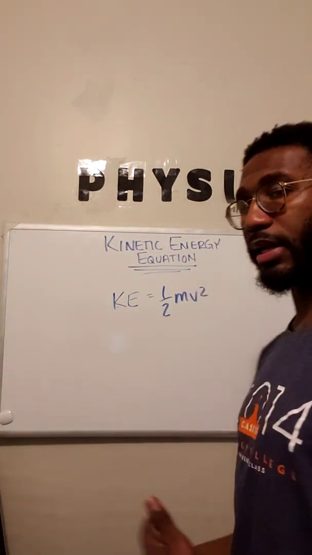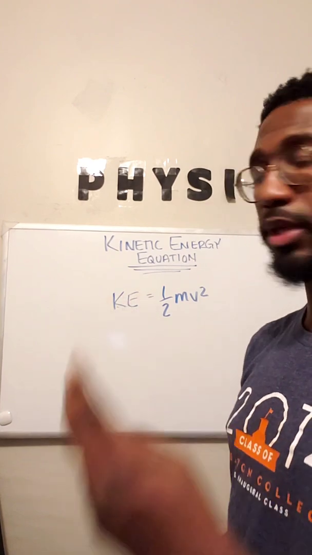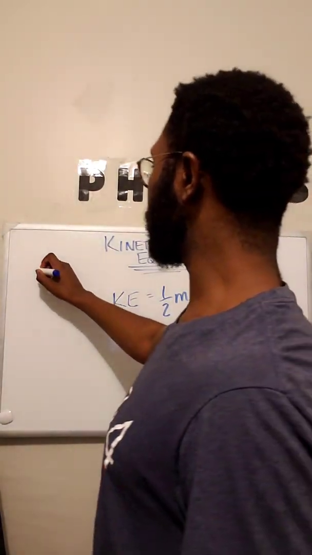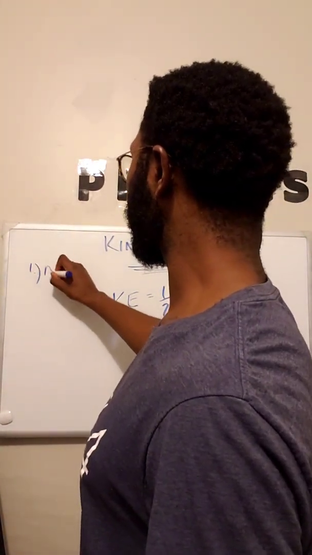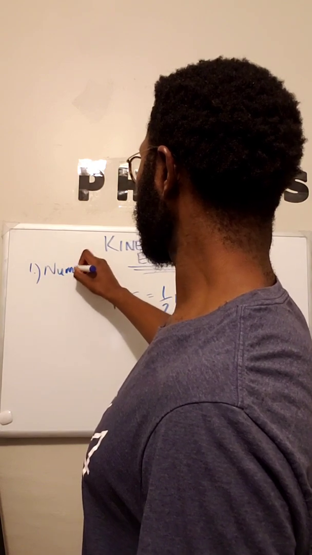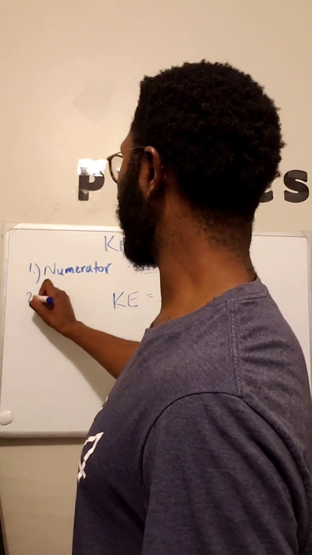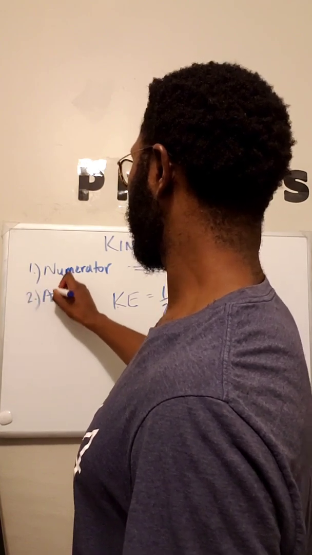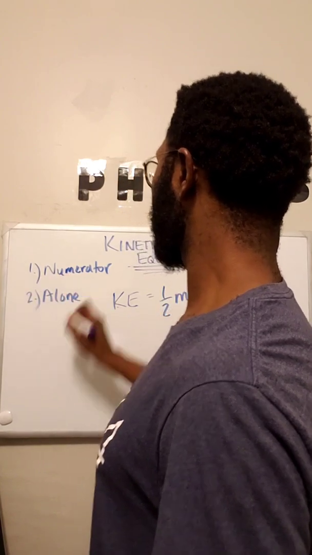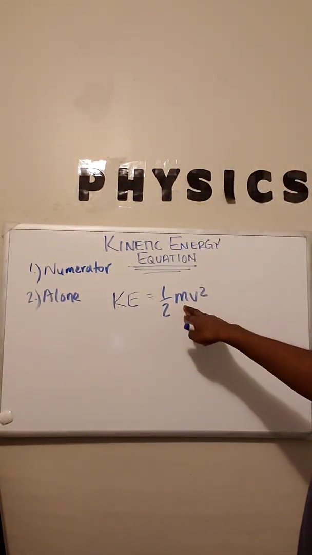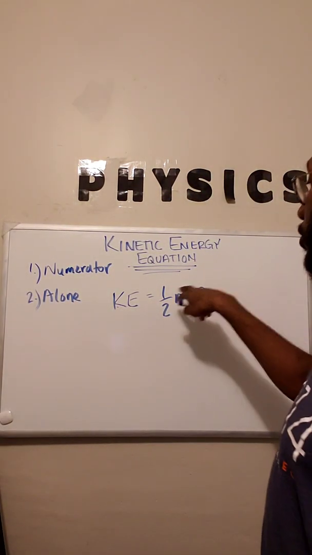Now, whenever we're trying to get a variable by itself, there are two things we need to do. We need to get the variable in the numerator, and we need to get the variable alone. Right now, our m is in the numerator.